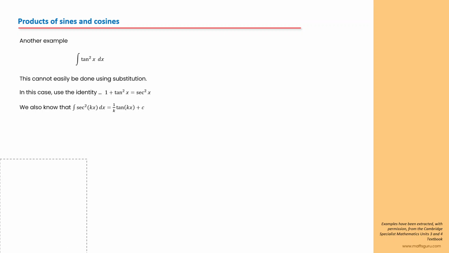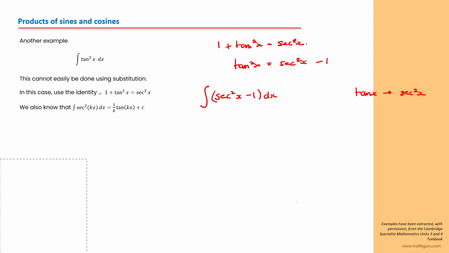Again, tan squared. Don't know how to integrate tan squared, but I do know that 1 plus tan squared x is sec squared x. So that would suggest that tan squared x becomes equal to sec squared of x minus 1. So I can now replace tan squared with sec squared x minus 1 dx, and I know that because tan differentiates to sec squared, sec squared must integrate to tan, and that actually becomes quite trivial.